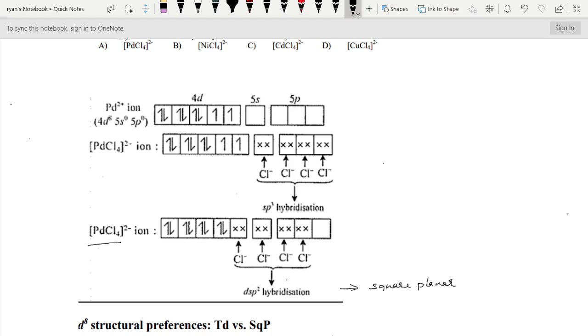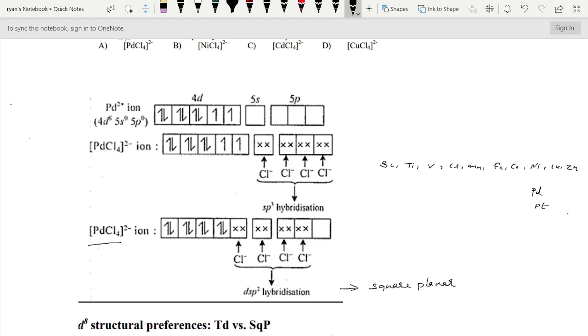First I am going to write the 3d series. The first element is scandium, second titanium, third vanadium, chromium, manganese, iron, cobalt, nickel, copper and zinc. Below nickel I am going to write Pd and platinum.